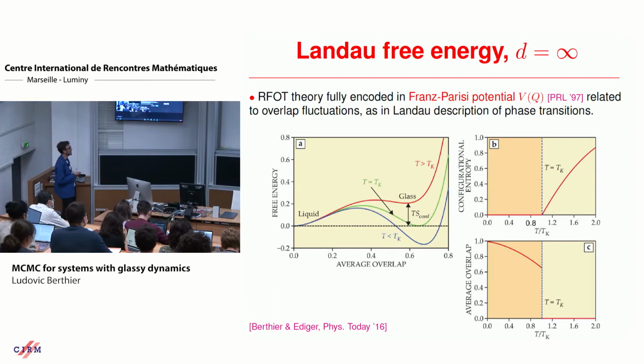A nice quantity that I really like very much is just above the transition. You see that the free energy difference between the equilibrium liquid and the metastable glass exists. And this free energy difference, in fact, turns out to be identical to the quantity that Kauzmann measured, this configurational entropy.